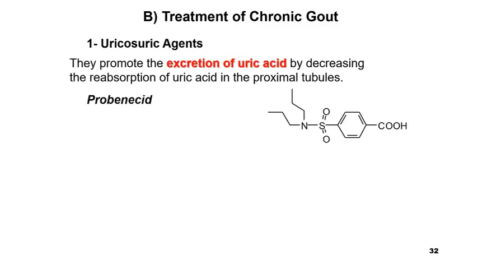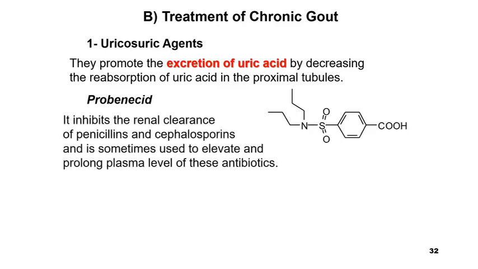Probenecid is one of the drugs used as uricosuric agents. Uricosuric means enhancing the excretion of uric acid by decreasing its reabsorption. Probenecid is a sulfonamide derivative, a sulfonamido compound possessing a carboxylate group at the para position of the sulfone function.